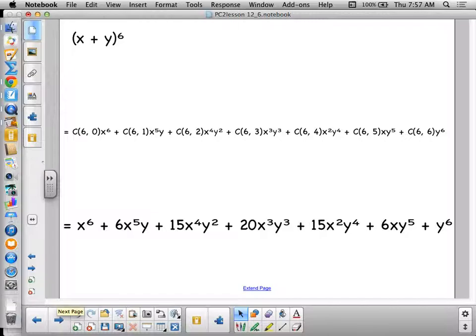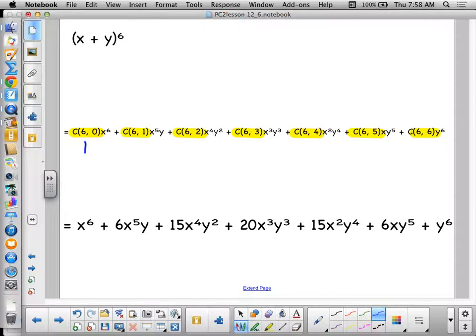The way it expands, the coefficients of my expansion are the combination of 6 choose 0, combination of 6 choose 1, 6 choose 2, 6 choose 3, 6 choose 4, 6 choose 5, and 6 choose 6. We know for a fact that 6 choose 0 has a value of 1, and this has a value of 6.